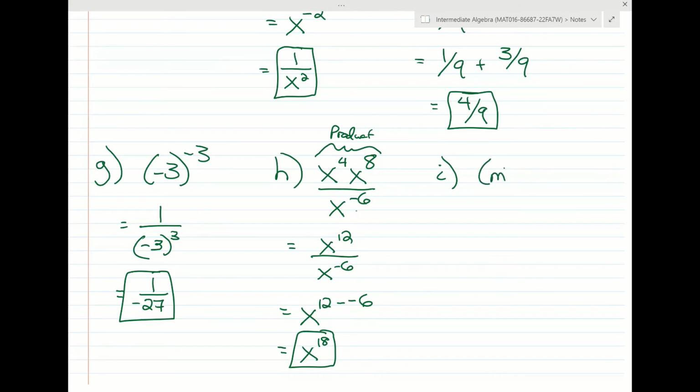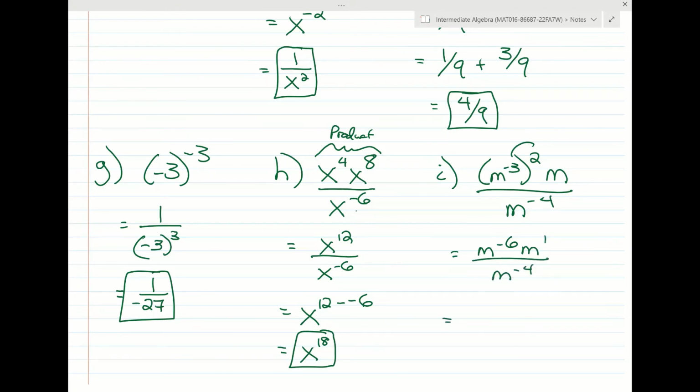How about m to the negative 3rd squared times m divided by m to the negative 4th? We have a power to a power, so we're just going to multiply these. That's m to the negative 6 times m to the 1st divided by m to the negative 4th.